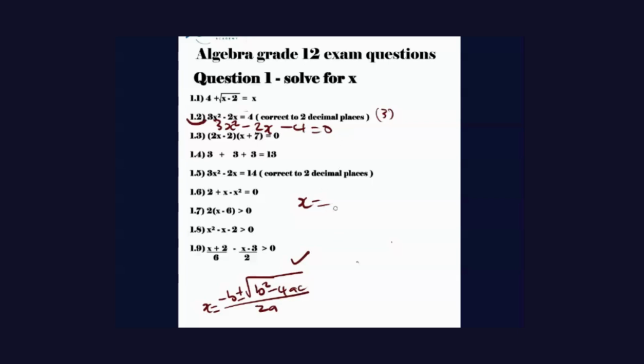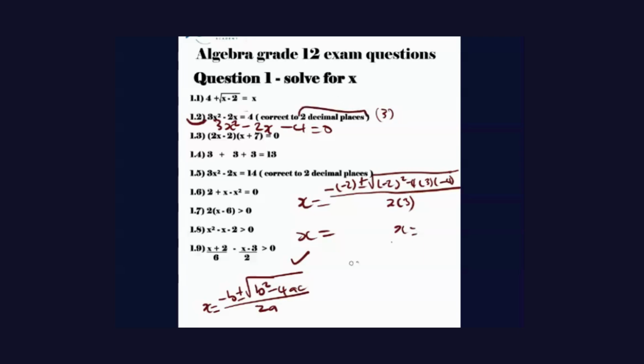So it's minus b, it's minus into minus 2, plus or minus the square root of b squared, which is minus 2 squared, minus 4 times a, which is 3, and c is negative 4, and then all divided by 2 times 3. This is very important. You should write this down, and then from there on we can use our calculator and go straight to the answer. And don't forget 2 decimal places.